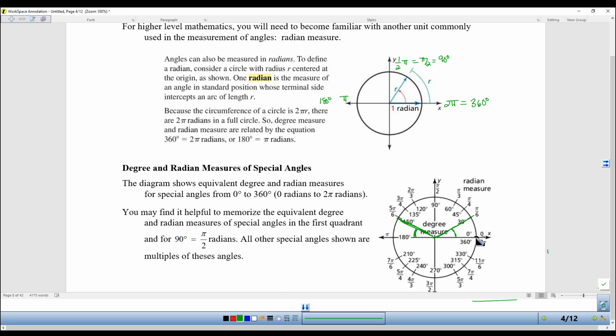But this one is just 1/6 starting out, where this one is almost at pi, right? So it's 5/6. It's the same measure, but it's 1/6 short of being all the way around, so it's 5/6. And then this one, doesn't that one also look like it's making the exact same angle? It's 7/6. It's one more than a whole. And this one is 11/6.